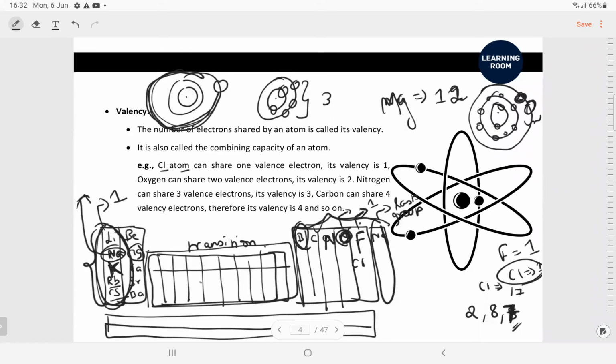So the number of electrons present is only 2. Now here the problems arise.